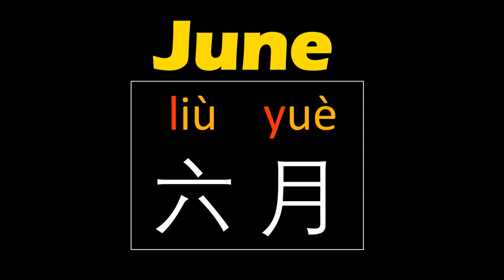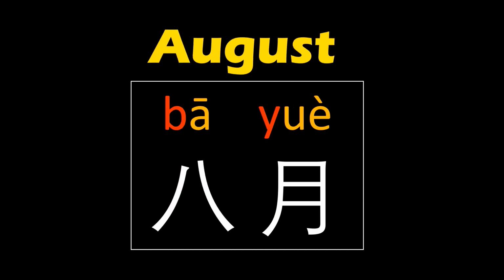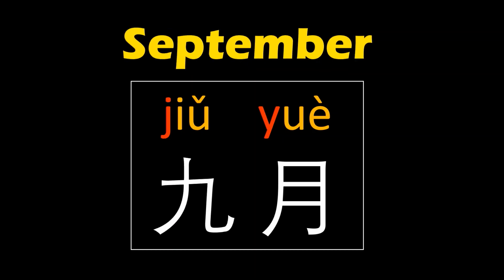June, 6月. July, 7月. August, 8月. September, 9月.